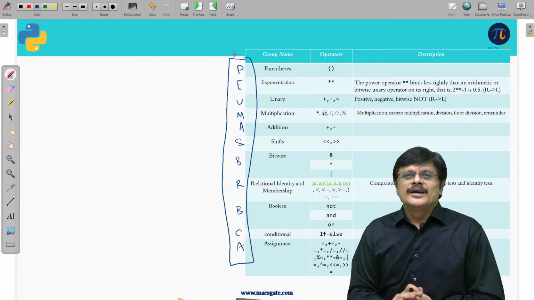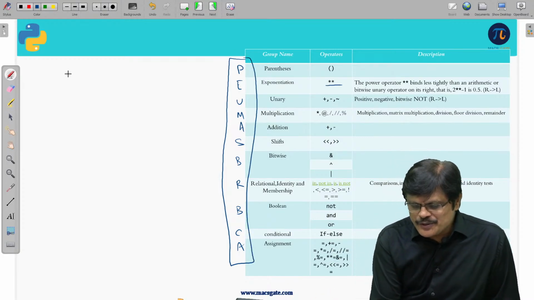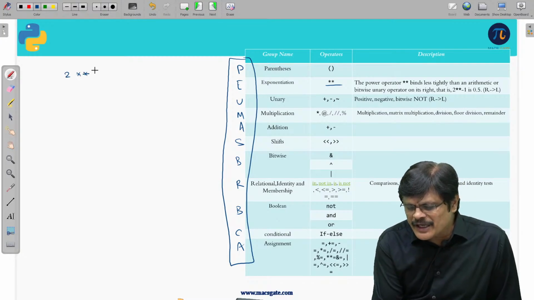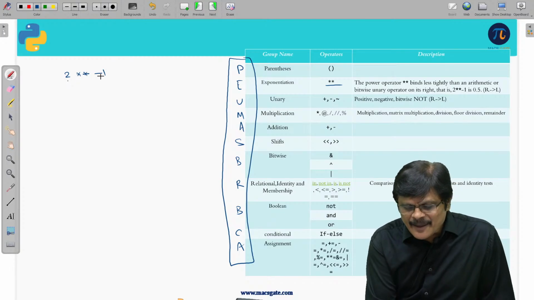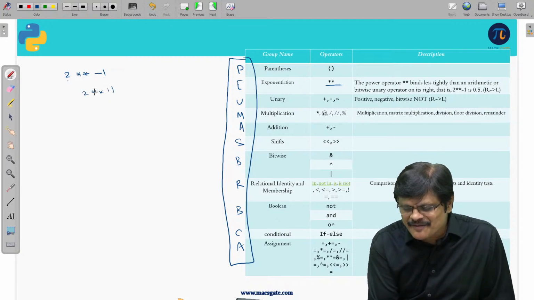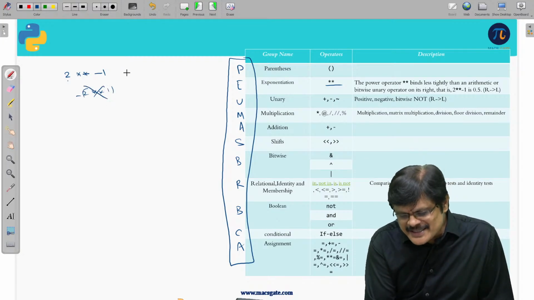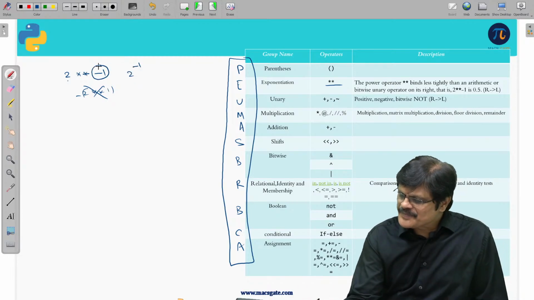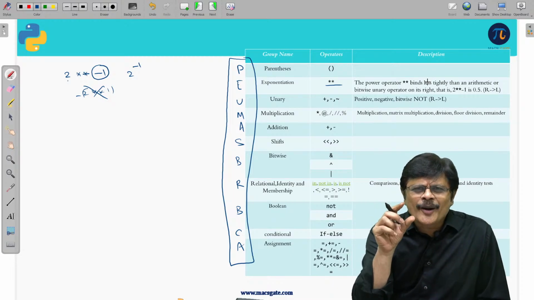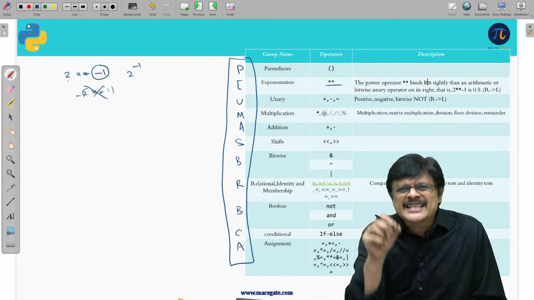Now, as I told you, exponentiation. Normally, exponentiation has higher precedence than the unary minus, but it is not calculated like this, my dear friends. This is taken as 2 power minus 1, so on the right side, the power operator binds less tightly.